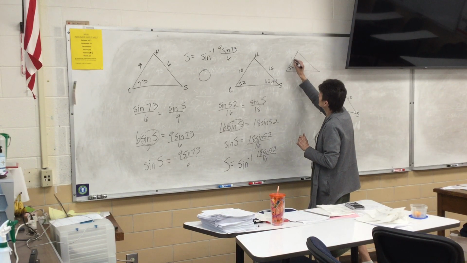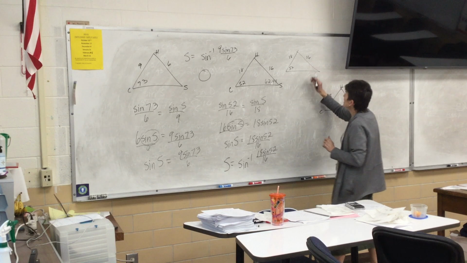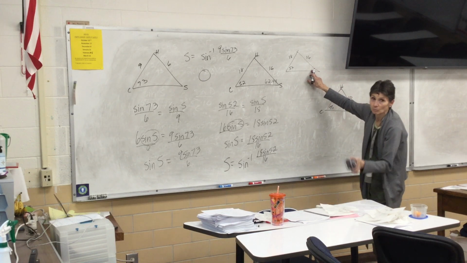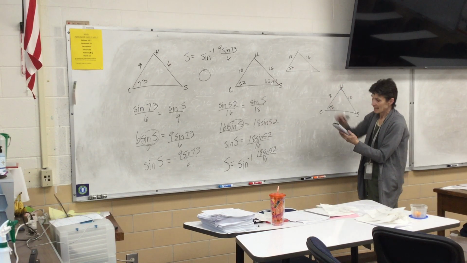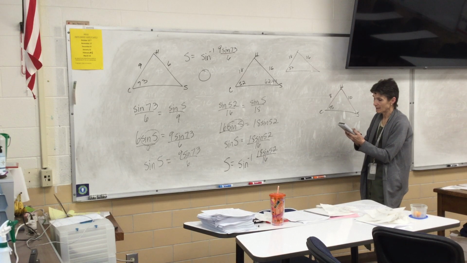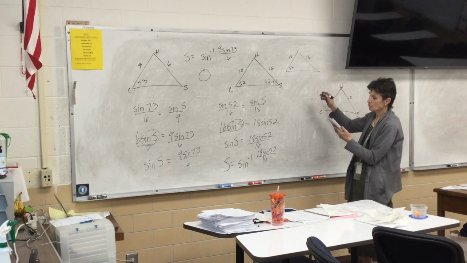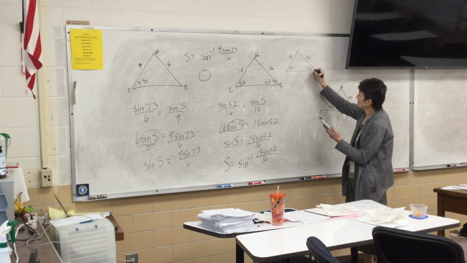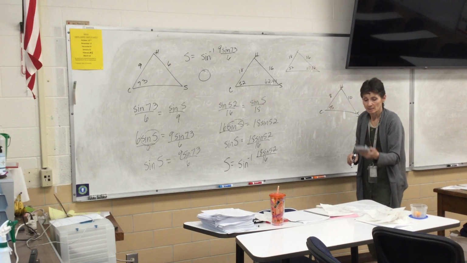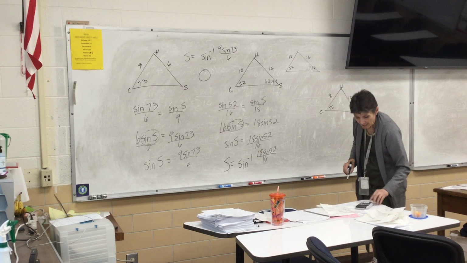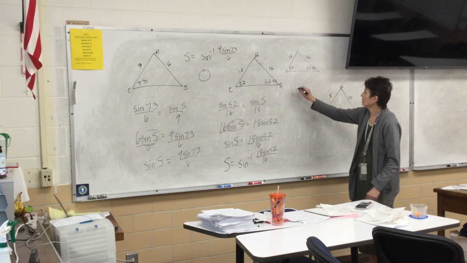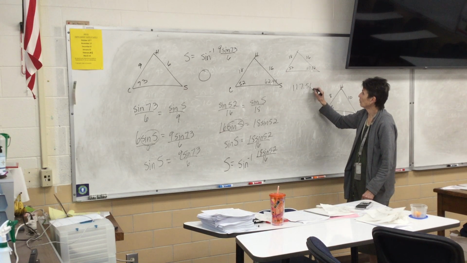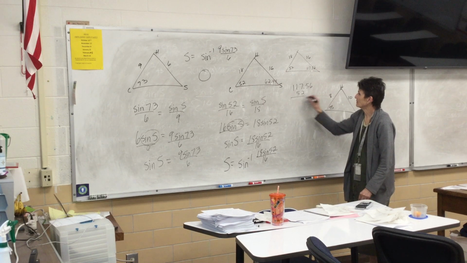So 52, 18, 16. If there is a second one, that angle is going to be 180 minus the first one, which is 117.56. Now, you guys, can you have a triangle with 117.56 and 52?